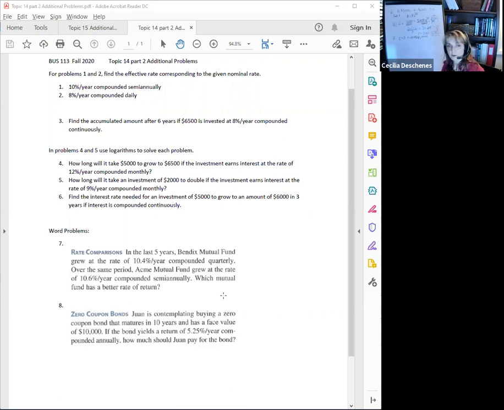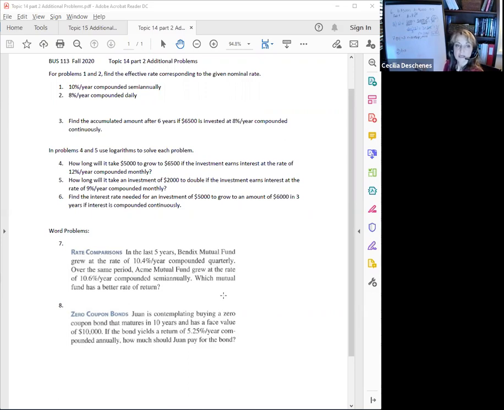Over that same period, Acme Mutual Fund grew at the rate of, so let's just say I'm going to do 1 and 2 for the 2 different funds. So let me say this is the information for Fund 1, and then we have the information for Fund 2. For the same period of time, T is also equal to 5 here.